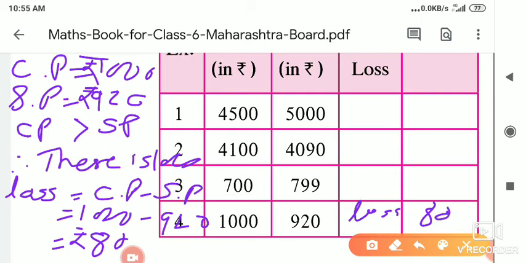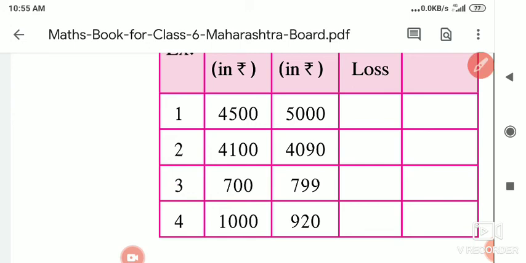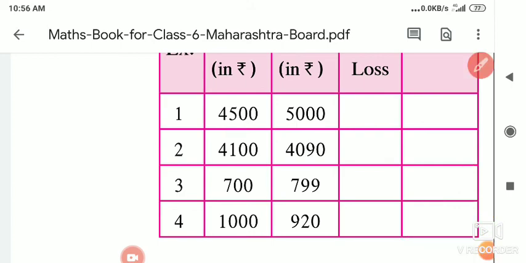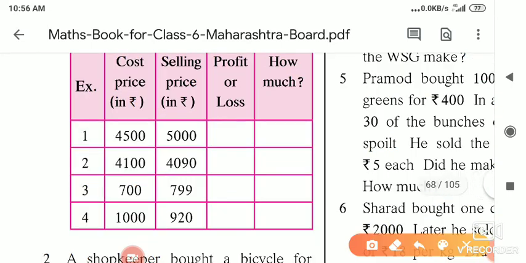Okay. So in this way we have to complete the box given here. First of all, in this transaction SP is greater, and therefore it is a profit. If CP is greater, there is a loss. If SP is greater, there is a profit, and here it is a loss.